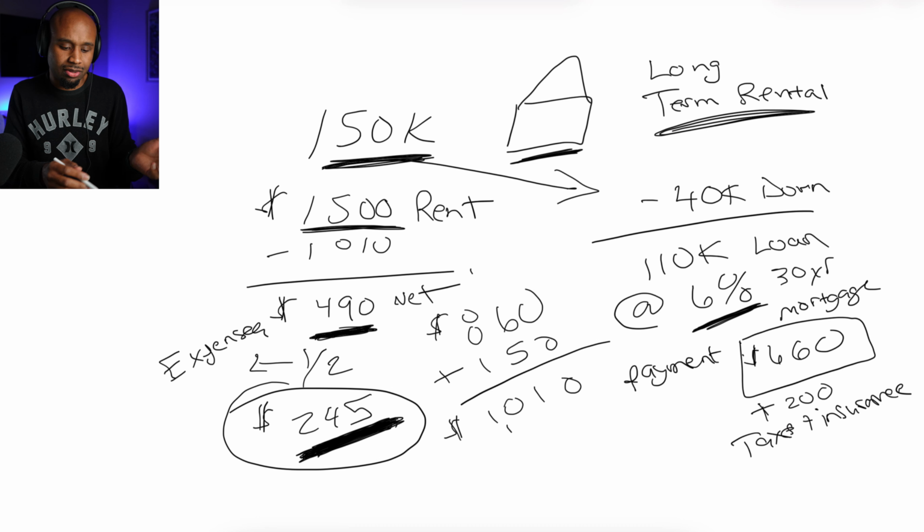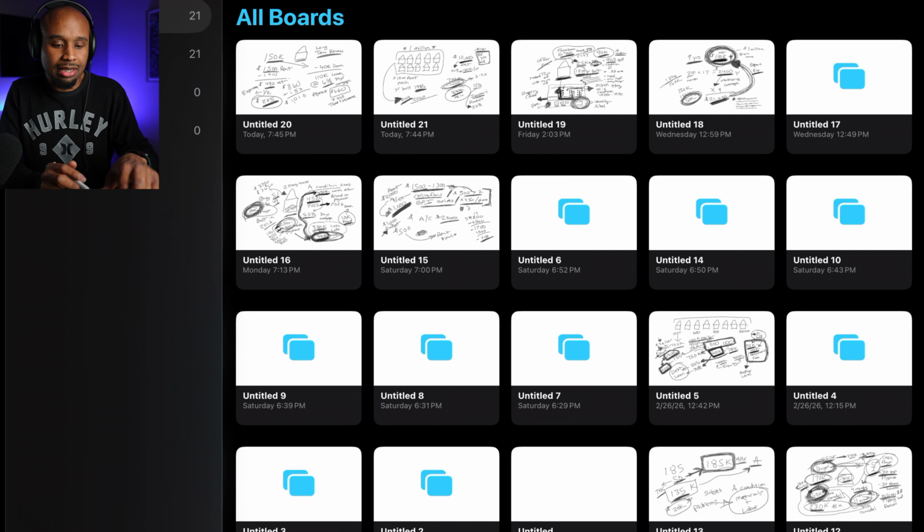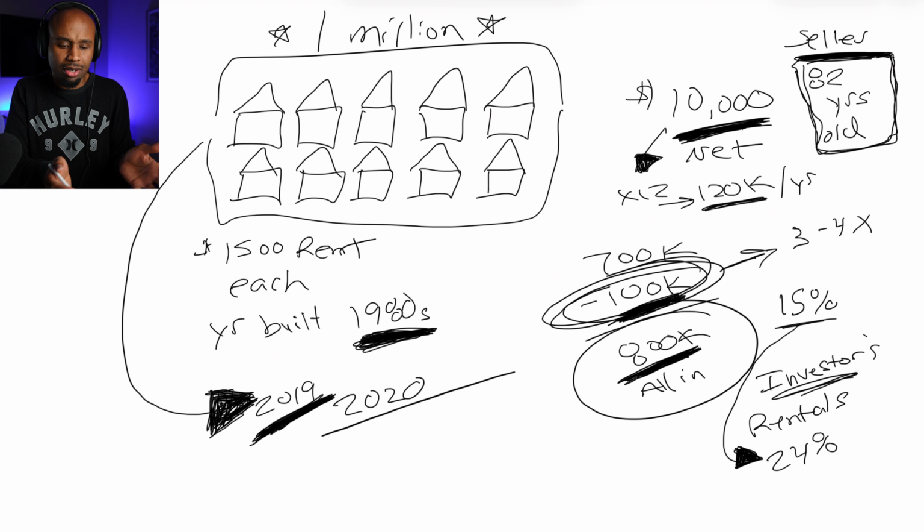And of course, depending on how you're going to buy it, if you're going to get a loan, buying one property just doesn't make sense, especially when you're getting a mortgage. But in this type of situation, you can get a mortgage and you can be able to pay for this. You know what I'm saying? It just depends on the numbers here.